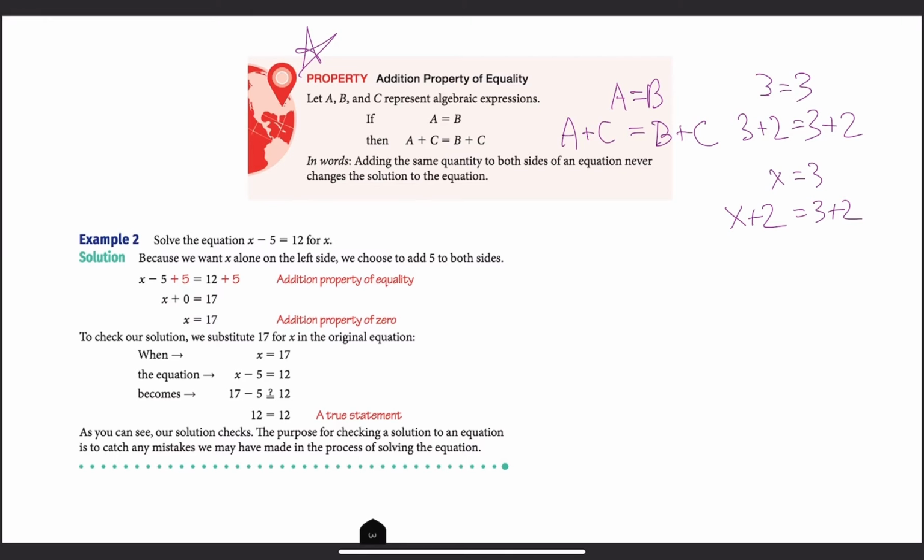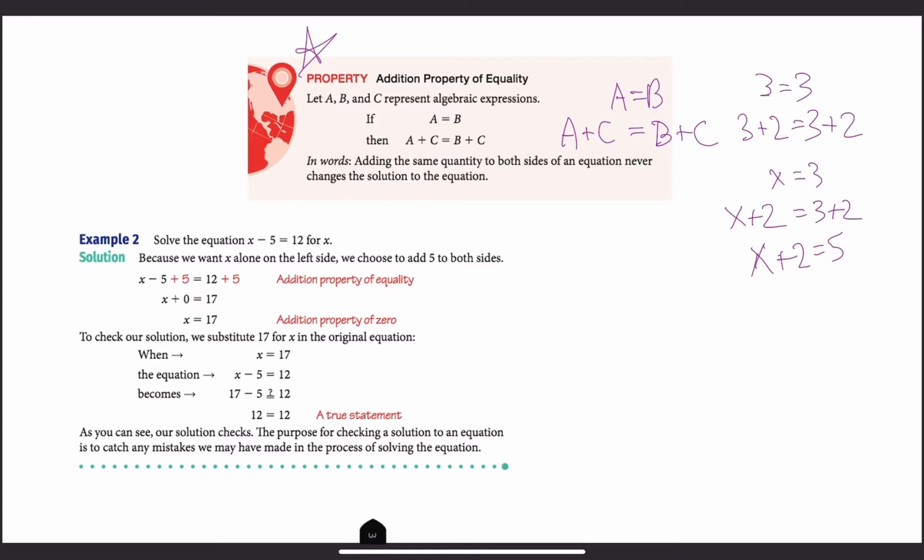And so then I could simplify, of course, a little bit here. And then I could solve this. So in this case, let's go look at this example.